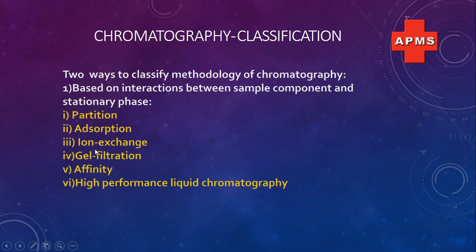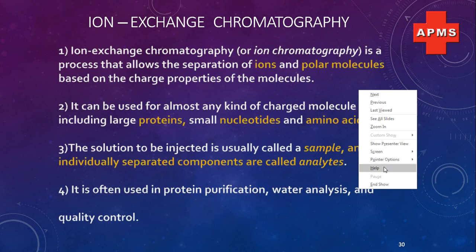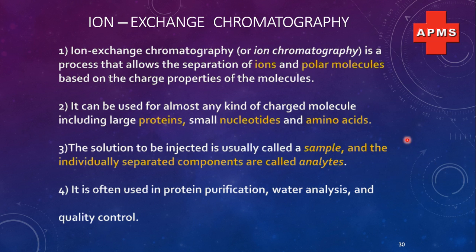Now today I am going to talk on ion exchange chromatography. It is also called ion chromatography. It is a process which allows the separation of ions and polar molecules based on the charge properties of the molecules.